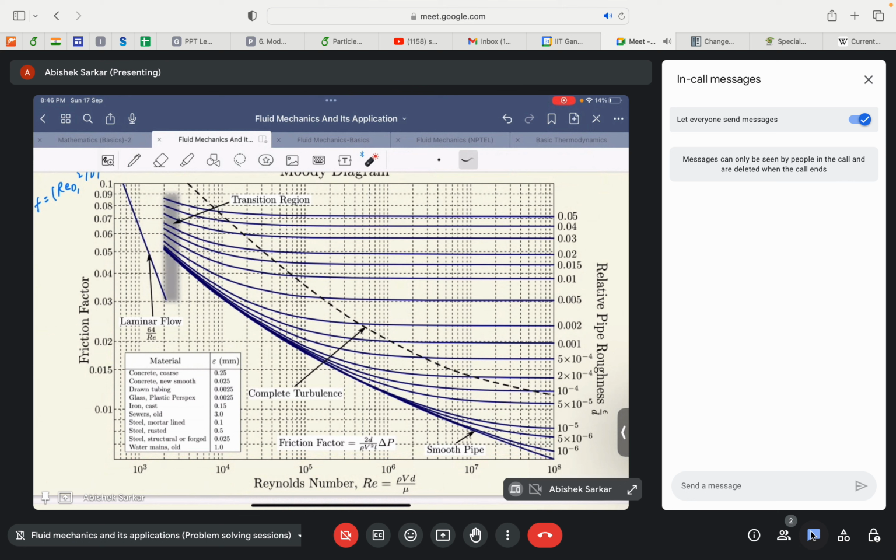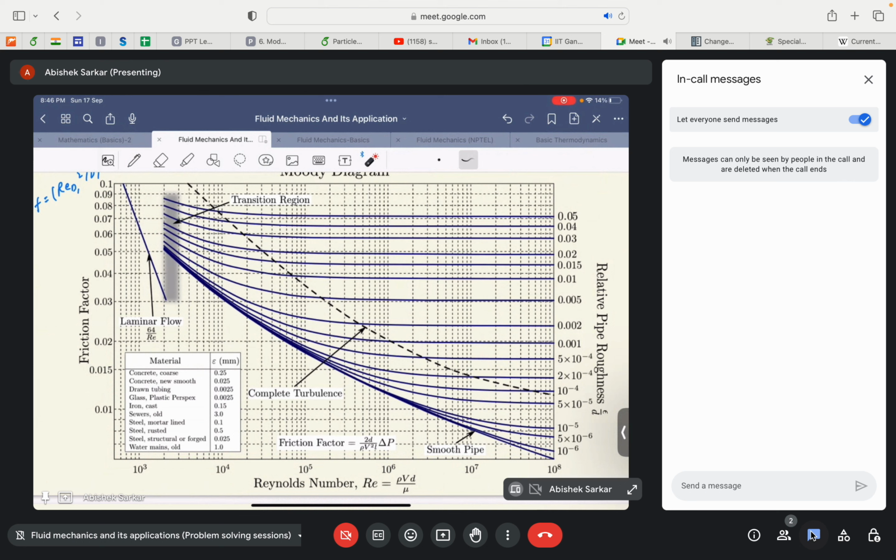Then the relative surface roughness. I was saying surface roughness ratio, but it is actually relative surface roughness, so I'm sorry for that. So this coordinate represents the relative pipe roughness, epsilon by d.